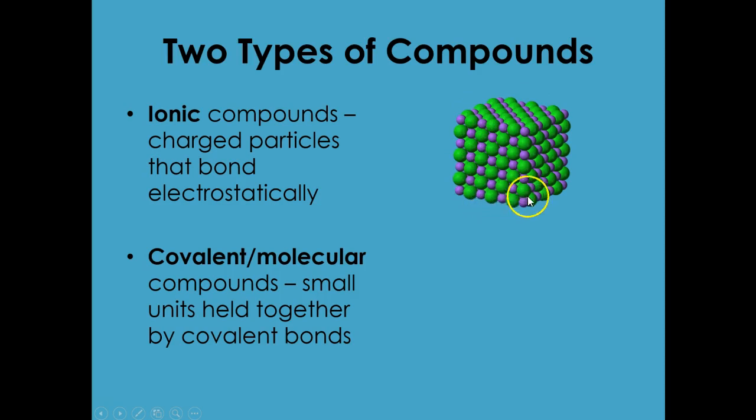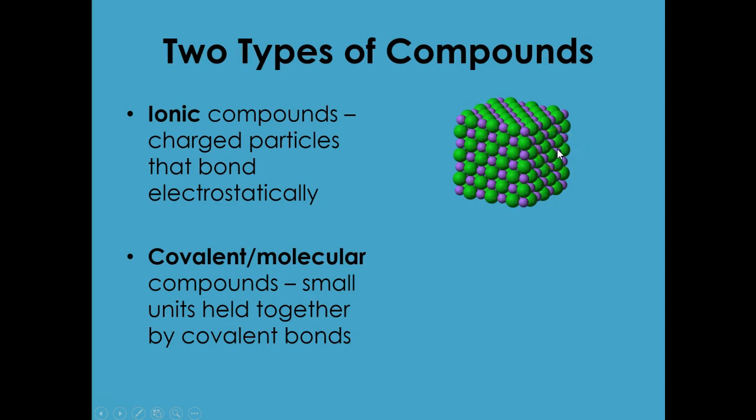What you can see is just this huge extended lattice, and this is just a tiny picture. Obviously, a real sodium chloride crystal would just go on in every direction much further. It's not the case that they are single sodium atoms and single chlorine atoms together as a single unit. Rather, it's this giant extended lattice of oppositely charged particles where the sodium and the chlorine are combining in a 1:1 ratio.